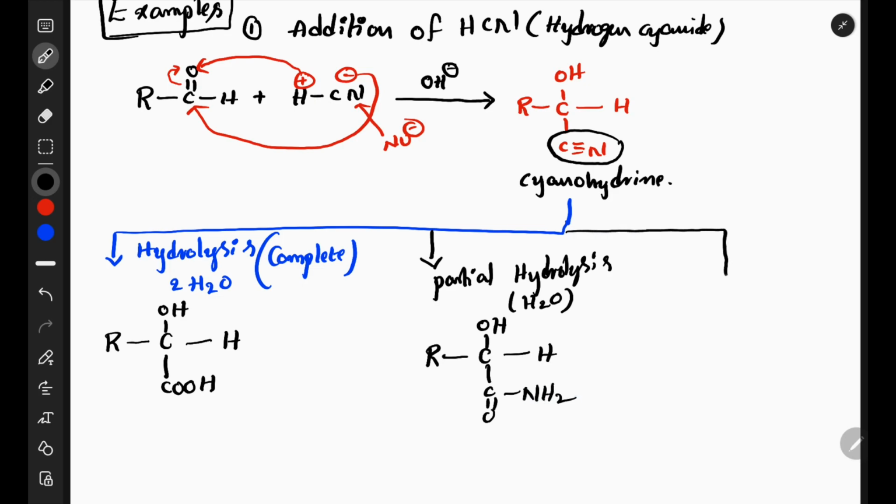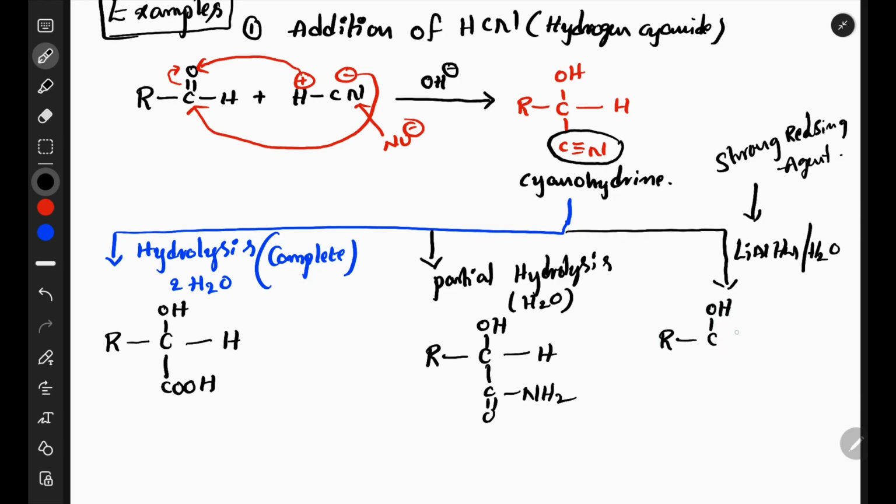Suppose we add lithium aluminum hydride followed by hydrolysis, it is a strong reducing agent. When you add the strong reducing agent, the cyanide is converted into a primary amine. Then we get R, OH, H, and CH2 NH2. It is a primary amine.